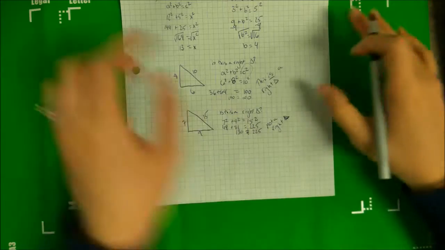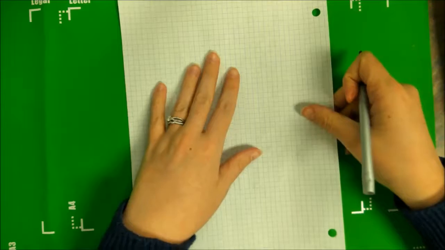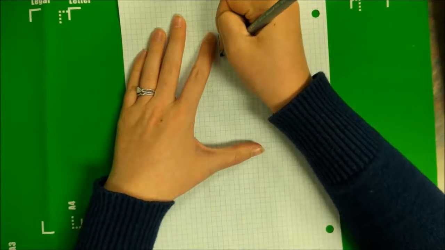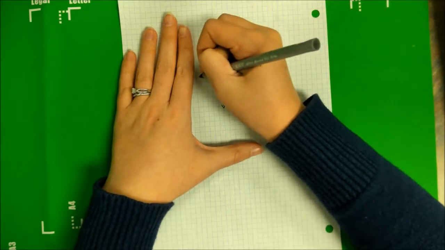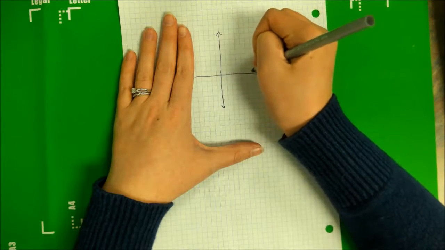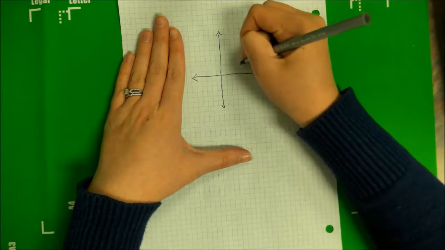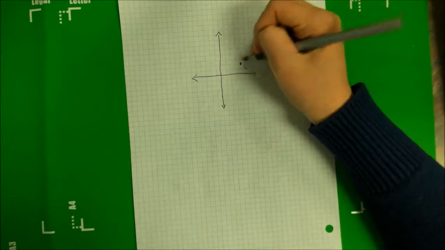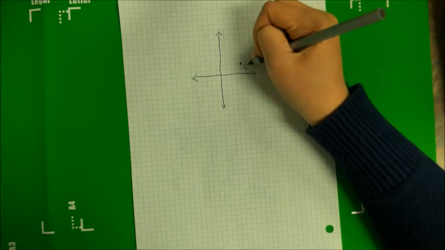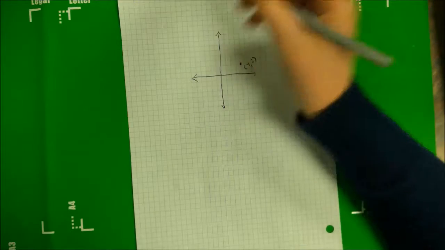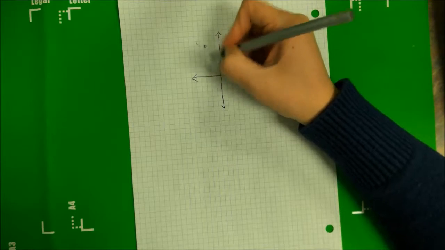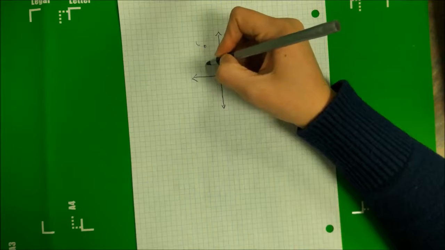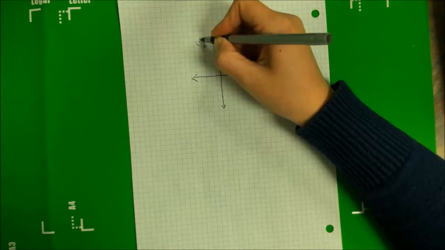Okay. Another thing I can use the Pythagorean theorem for is distance. So let's say I'm working on the Cartesian coordinate plane. I wanted to find the distance between (4, 2) and (-3, 6).